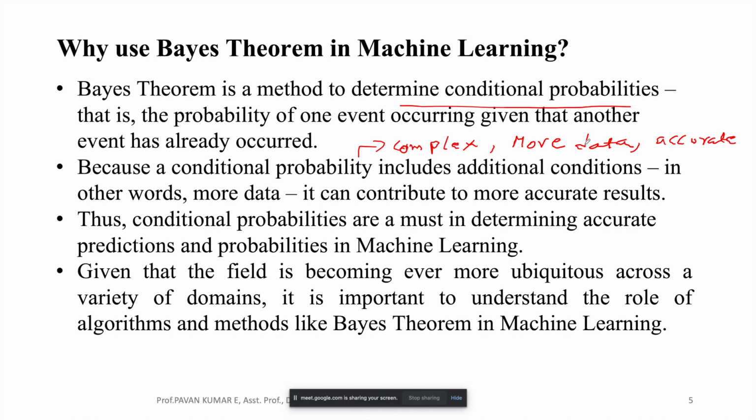But when you use this Bayes algorithm, you get accurate results and very accurate predictions. That's why we go for the Bayes algorithm.